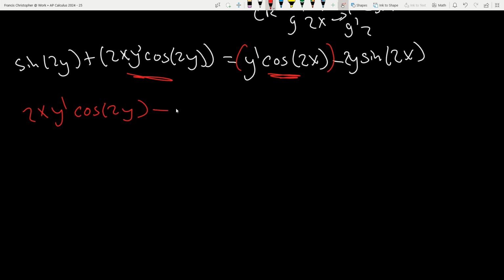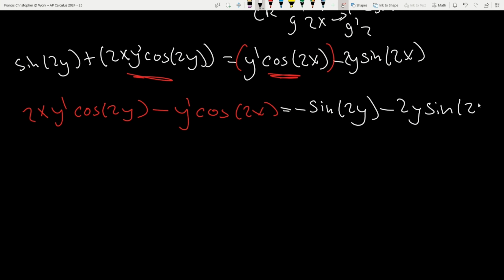So minus y prime cosine of 2x. By subtracting, it means it's not here anymore on this side. I brought it over here. And in white, I'll do the non-y-prime terms. So subtracting sine of 2y from both sides to get rid of it on here and to move it over here. I have sine of 2y minus 2y sine of 2x, which was already on the right side.